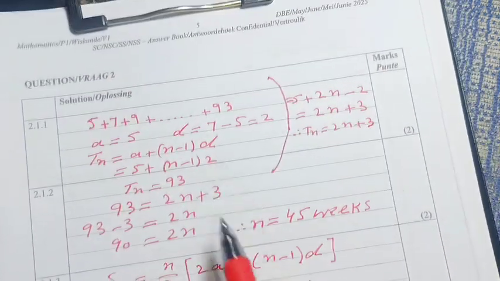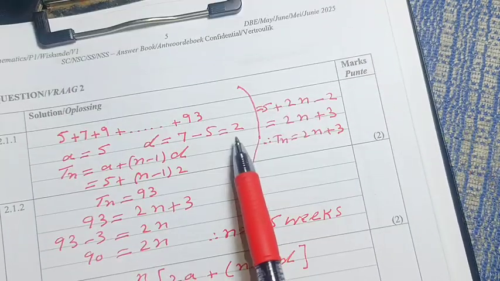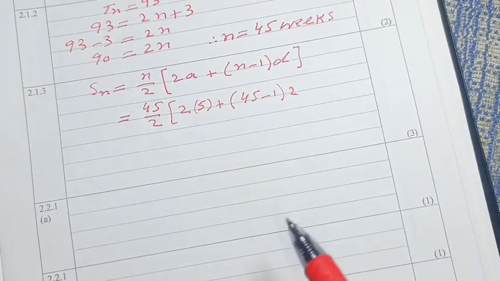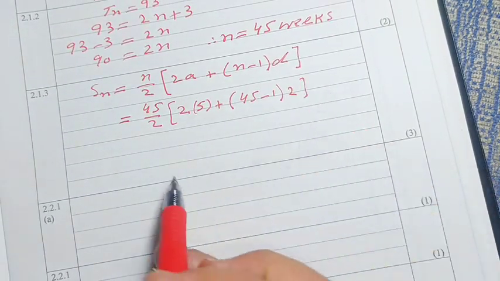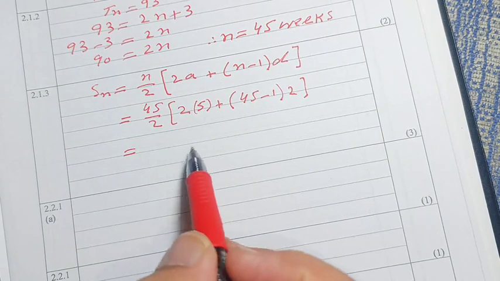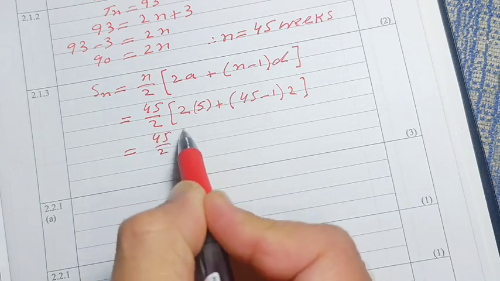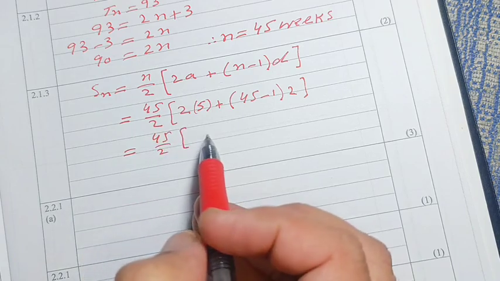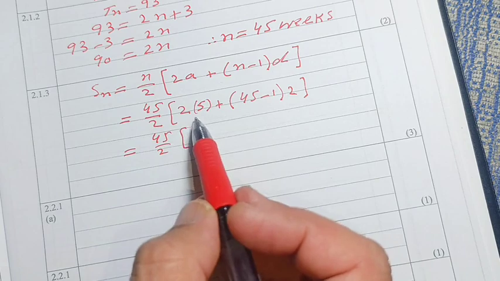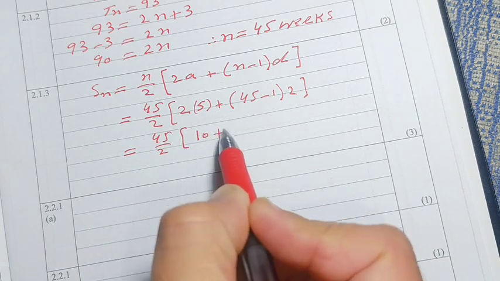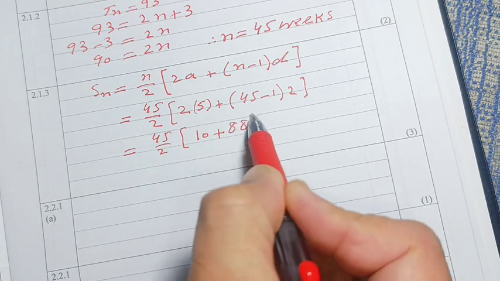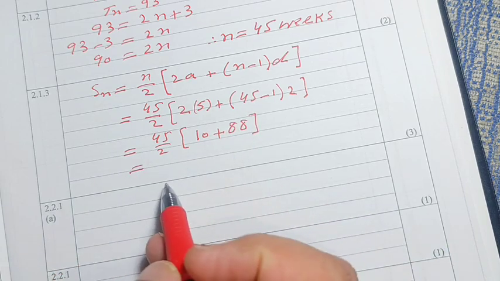Remember earlier we found d is 2, there's d. Now close bracket. So I'm going to use the calculator to solve this formula. So it's going to be 45 over 2, and then my calculation inside is 10 plus 88. Now I can solve further with the calculator.